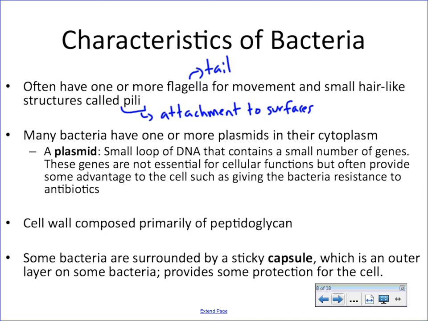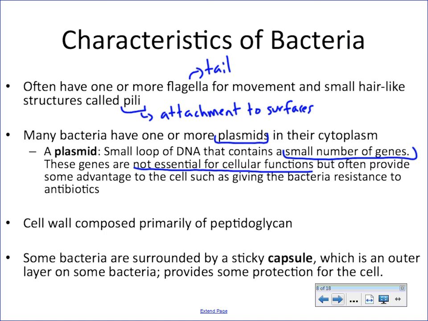Many bacteria have additional DNA within their cytoplasm found in what's called a plasmid. A plasmid is a small loop of DNA that will contain a small number of genes. These genes are not essential for cellular functions. So if the bacteria does not have this plasmid, it's not detrimental to its survival.